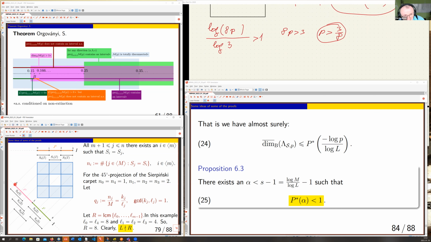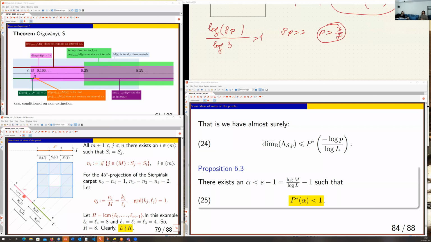We are very much interested in what happens if you take a rational angle projection and P is small, so the projected set has dimension smaller than 1. Then what is the projection exactly? It will be mostly probability theory, mostly multi-type branching processes in varying environment, this kind of thing.